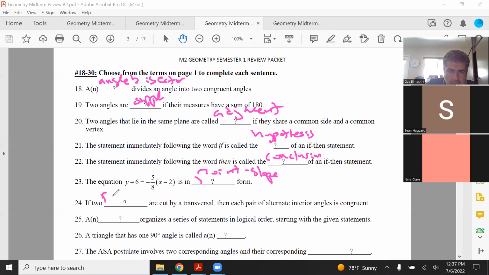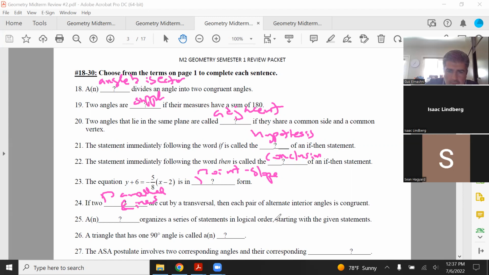If two parallel lines, a blank organized series of statements in logical order starting with the given statement. That's called a proof, which we're not going to do right now. A triangle with a 90 degree angle is called a right triangle. The associated postulate involves two corresponding angles and their corresponding side, the corresponding side that's included. So a good chance to copy those down.